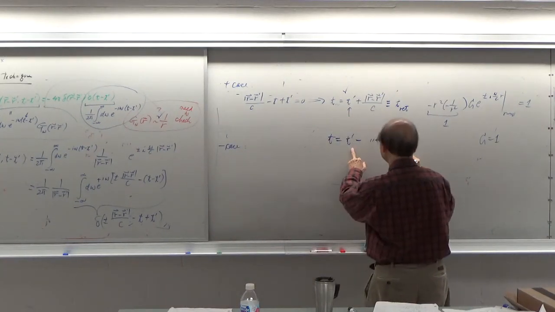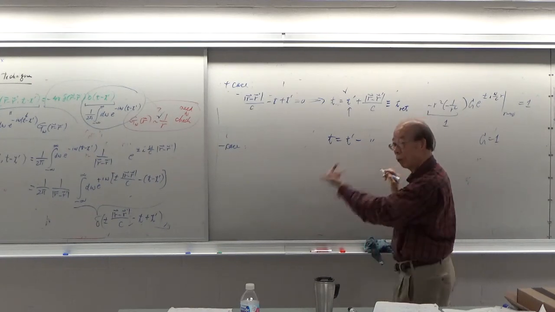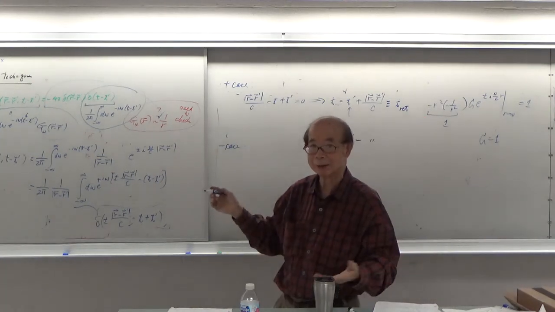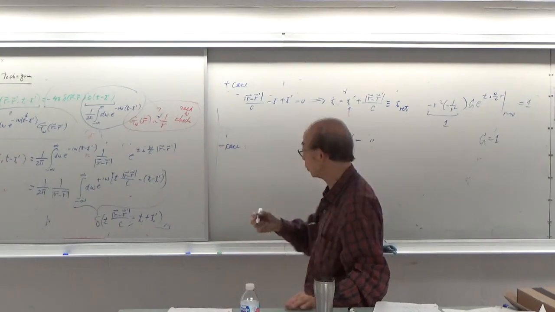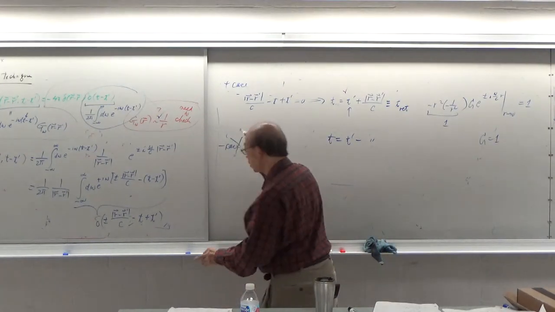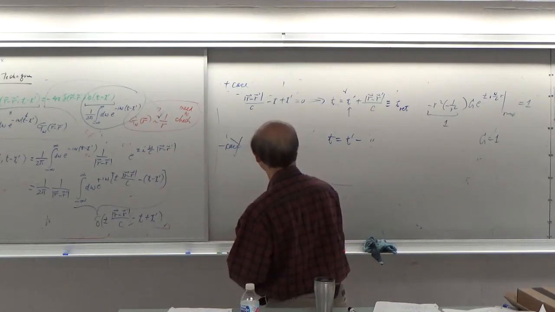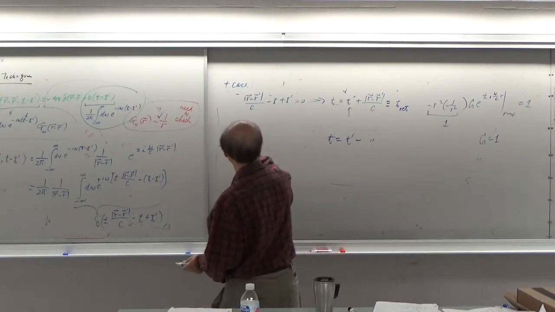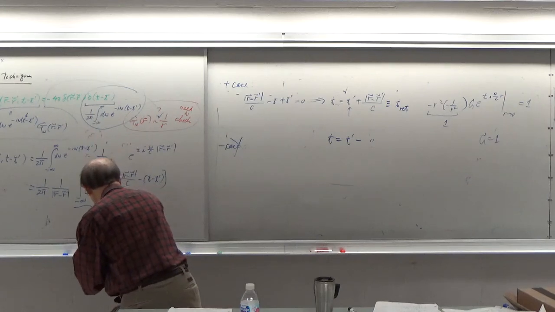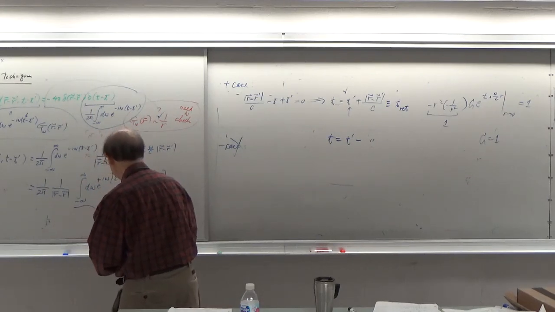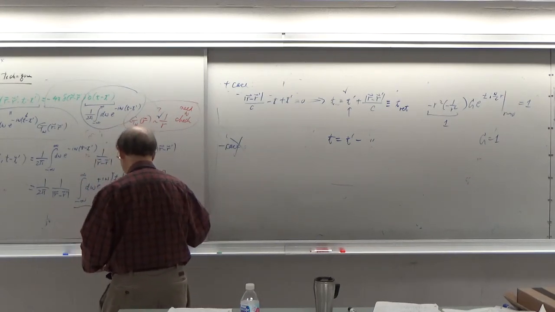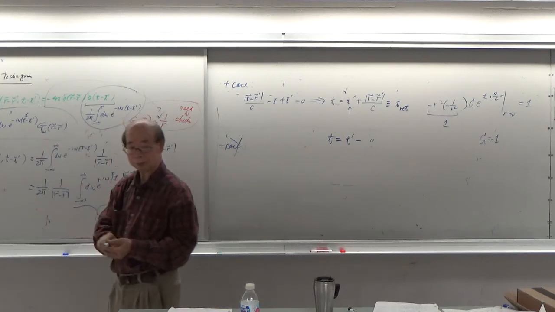So this is effect before cause. That's inconsistent with our physical intuition. So this case must be dropped for physical reasons. So this is the solution. Next time we come back to this and finish up the whole calculation. Let's stop here.